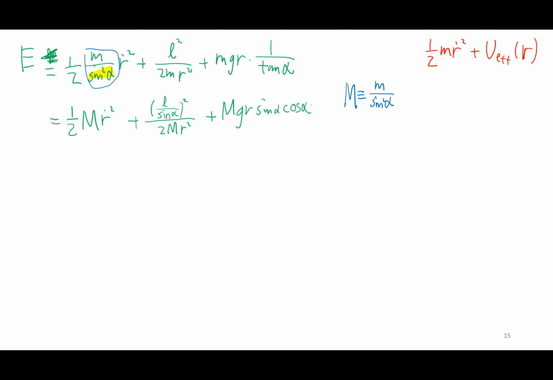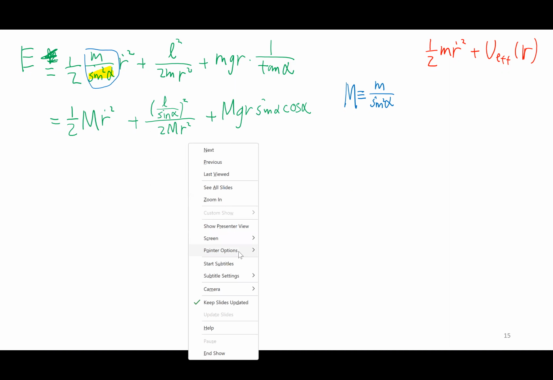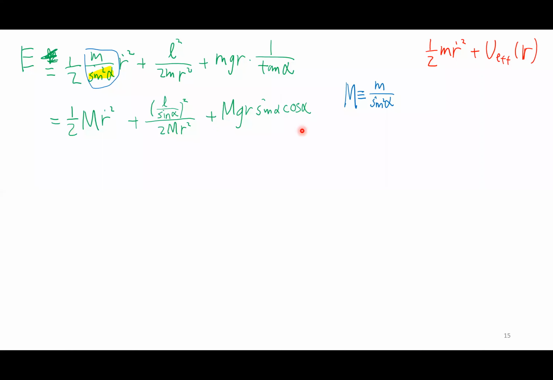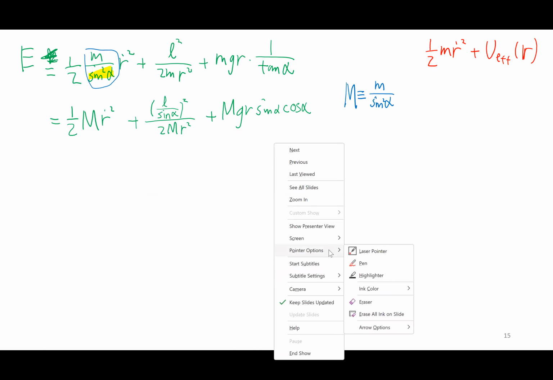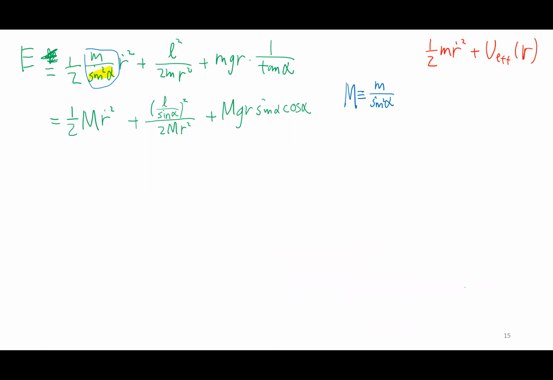Now if you compare the form of the green expression with this form, then we can call the second and the third term the U effective. So I'm going to call this the U effective.